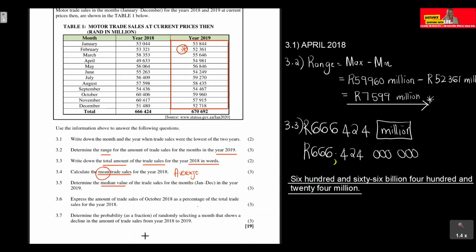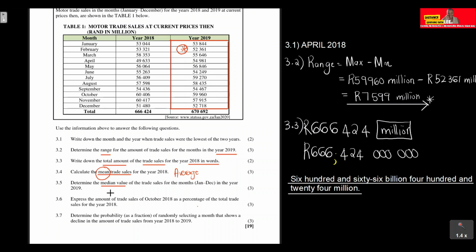So question 3.6, it says express the amount of trade sales of October 2018 as a percentage of the total trade sales for the year 2018. So in this case, guys, we're going to be calculating a percentage. Percentage of what?